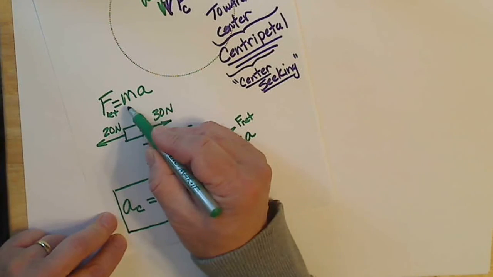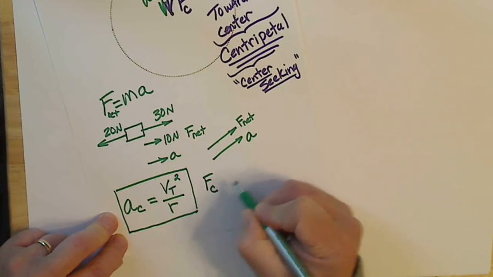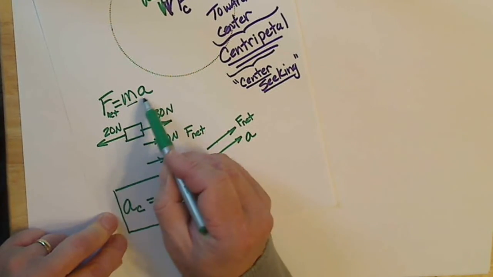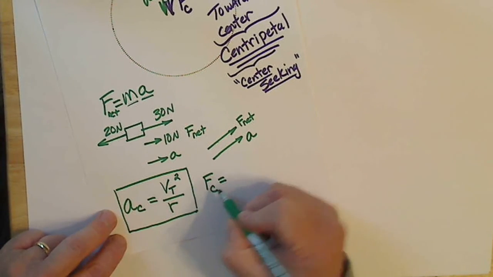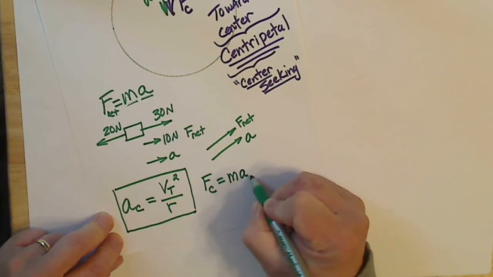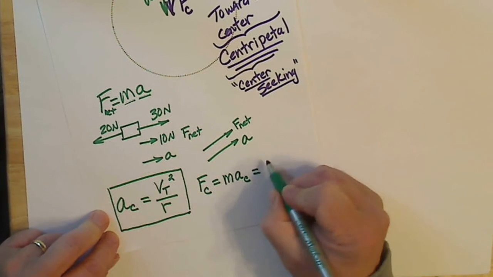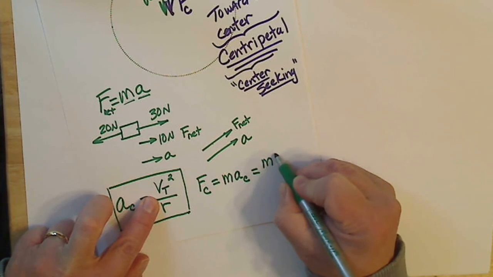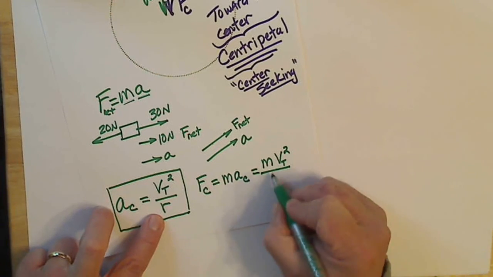And of course, we're going to use Newton's second law right here to calculate the centripetal force. You're just going to take the mass times the acceleration. So centripetal force is just going to be the mass times the centripetal acceleration, which is the mass times tangential velocity squared over the radius.